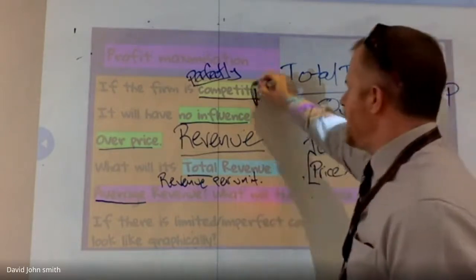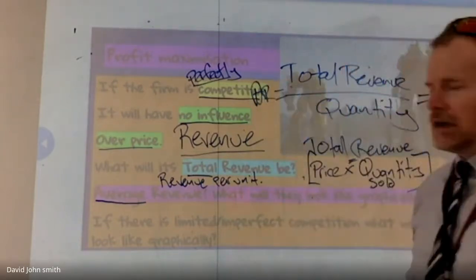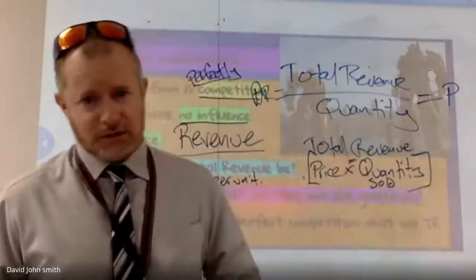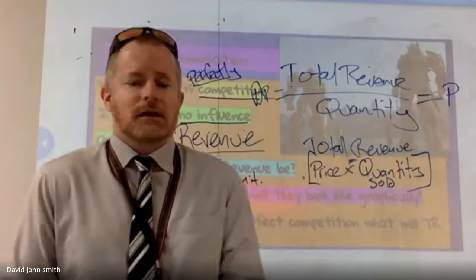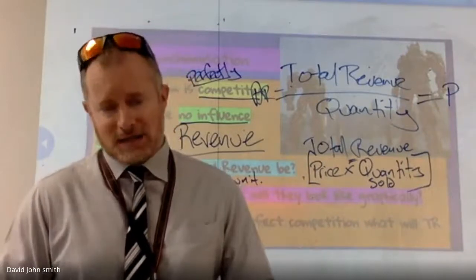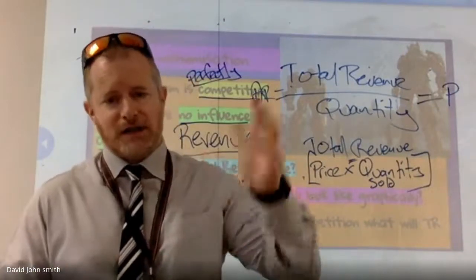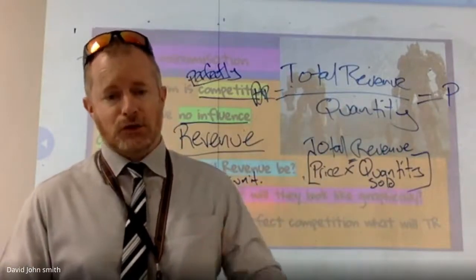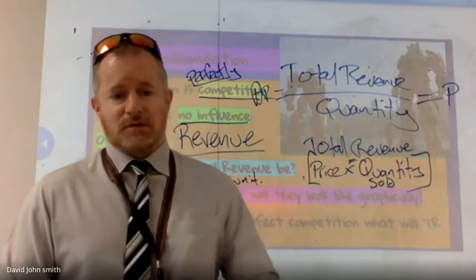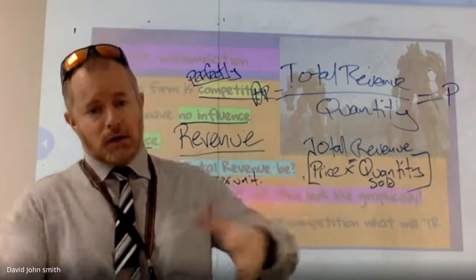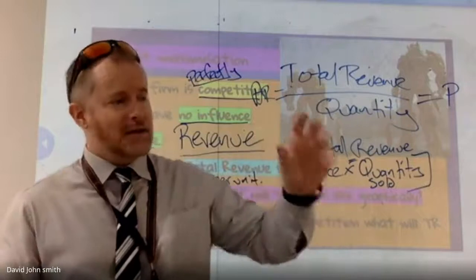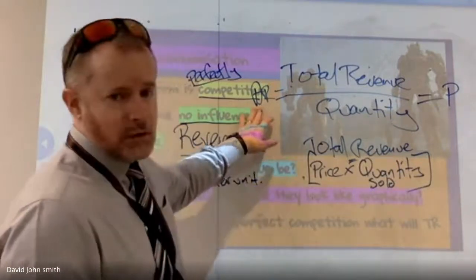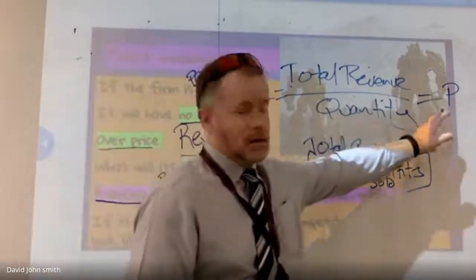So your average revenue is exactly the same as the price per unit, which again, intuitively, that's what you will understand. The total revenue is going to be the price times the quantity sold. So the average amount of revenue, what they're able to earn per unit, is going to be the total amount that they can earn in total divided by the amount that they sell. And that will get them their average revenue, which will equal price.